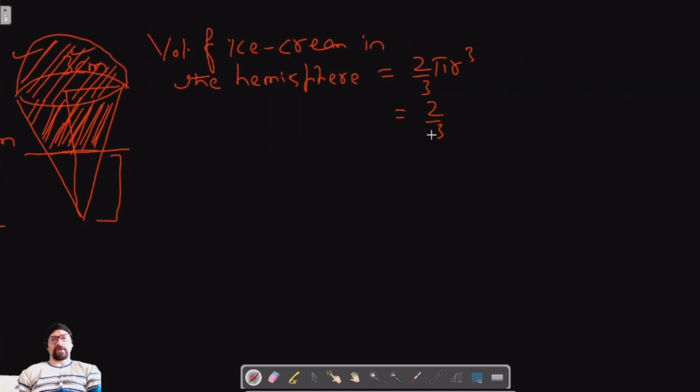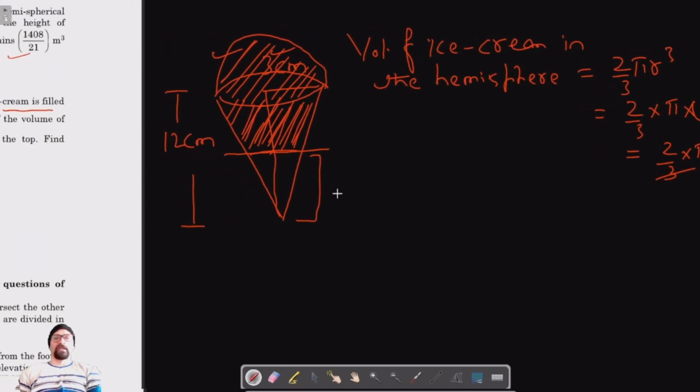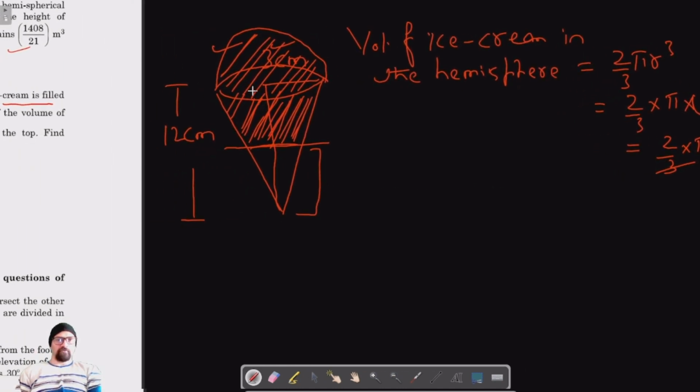So radius is 3 and the cube of 3 is 27. So this is 2 by 3 into pi into 27, and 9 3s are 27. So this is 18 pi centimeter cube. Let's leave it here.